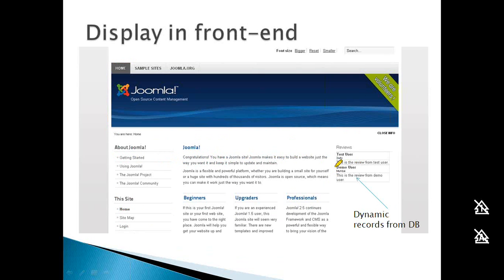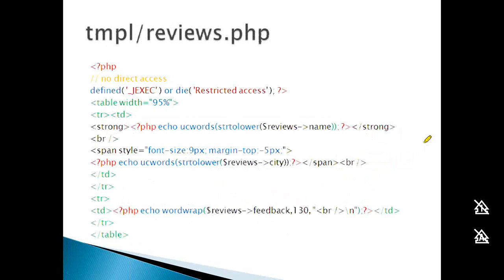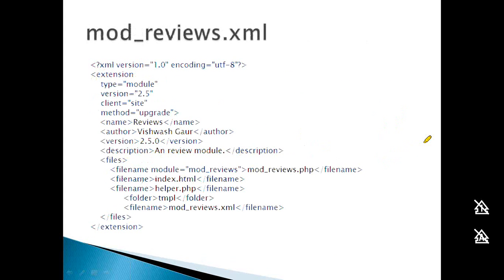So let's see this. This is the view with the dynamic records. You see that two records are called. Yes, the design can be improved, but you can see the test user with the Delhi city as the first record, and then the demo user with the second record. I would like to recall the previous page where we were seeing just one record.